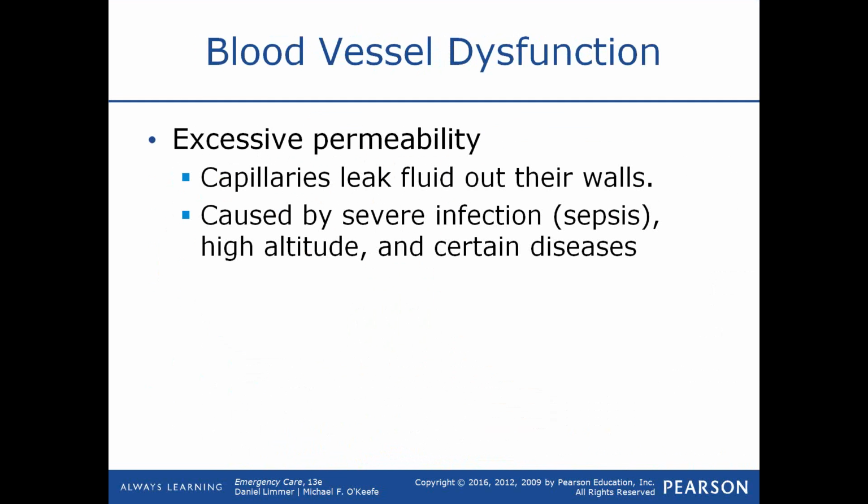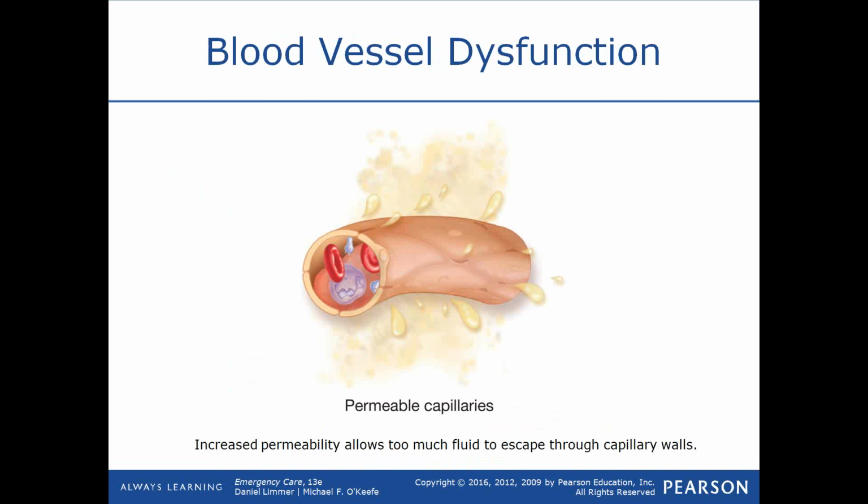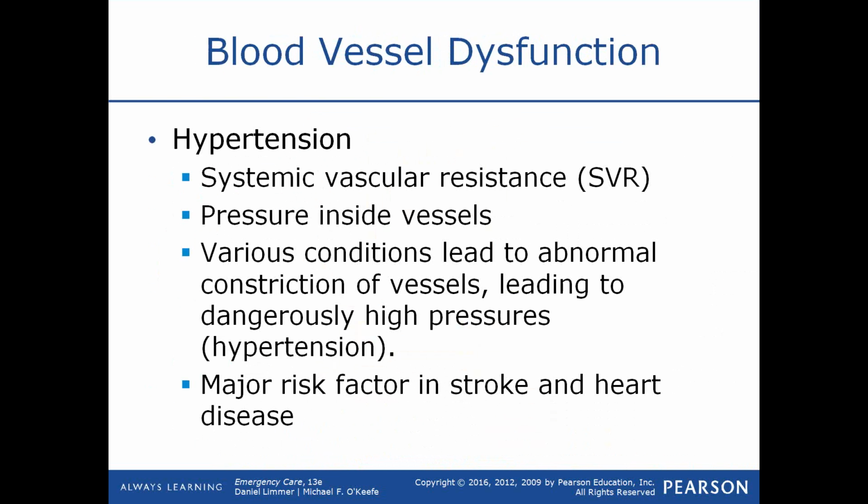So I liken this to your bucket's twice as big, so it's half as full, and now it's full of holes. And these patients can go into shock as well. We just need to recognize it early. And then here's a good example of a vessel with an increase in permeability.